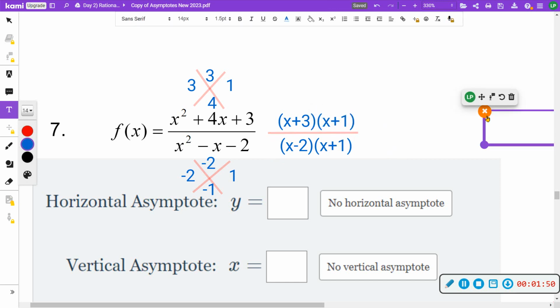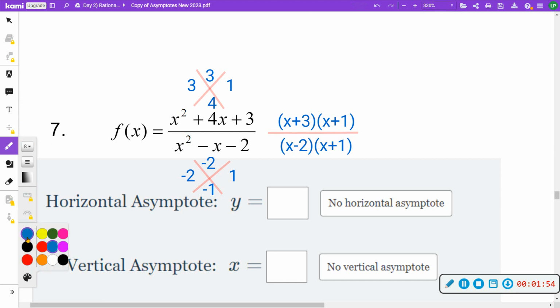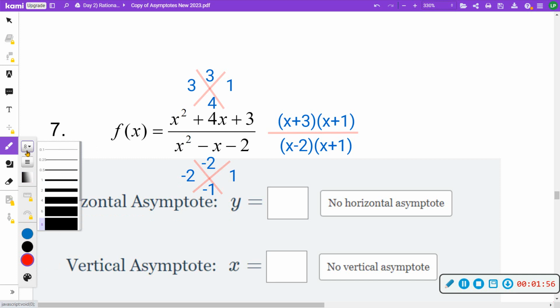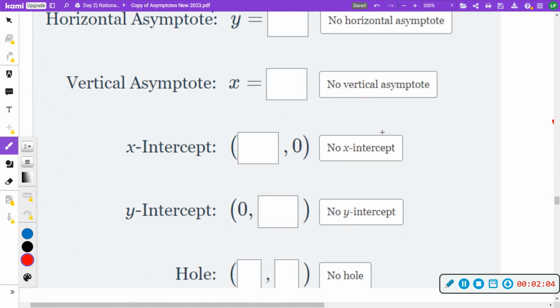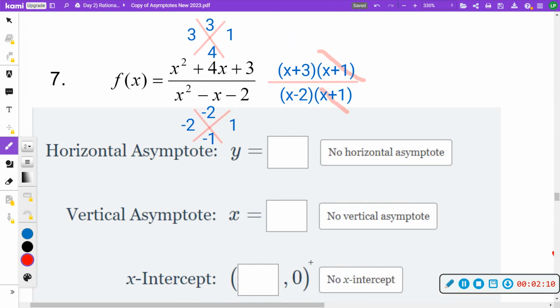Let's go through and see what cancels here. I usually try to cancel. I can see that these cancel, so we know our hole is going to be at x equals 1 something. We'll fill in where in a second.